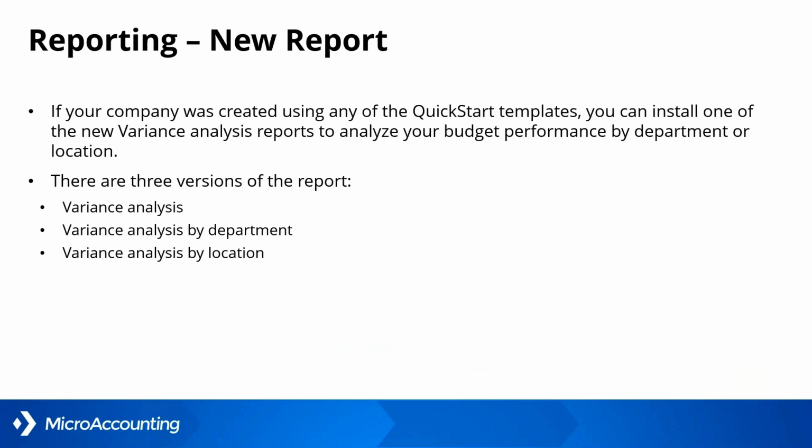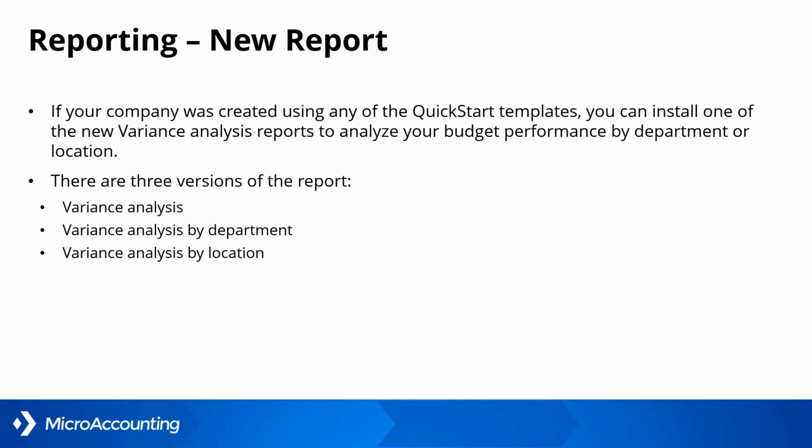Right. There's a new report available. So all of our companies, all of our clients, when we set you up, you're created with what we call a quick start template. That's why you have a lot of those canned reports, if you will, that come with the system. So those are part of this quick start template.